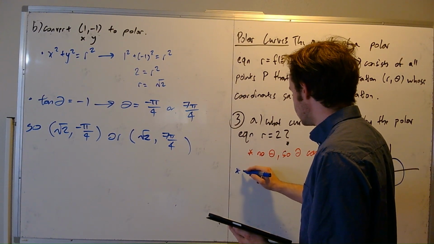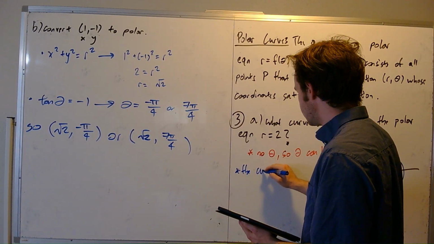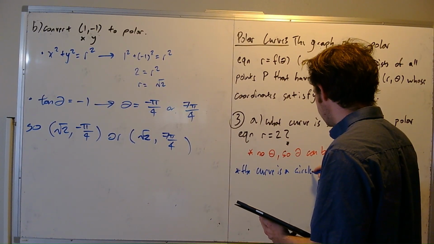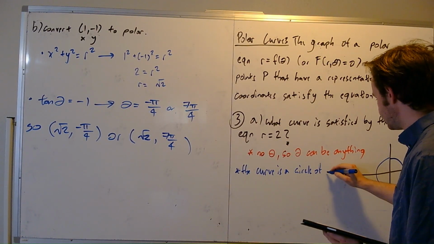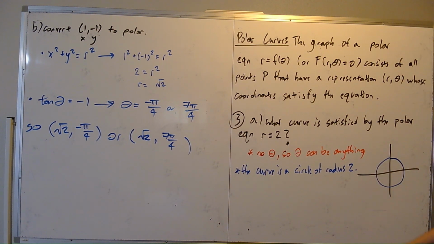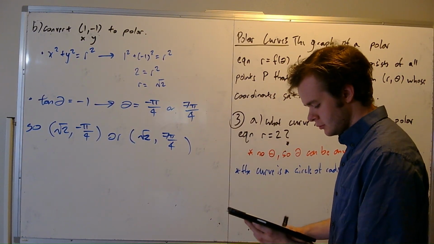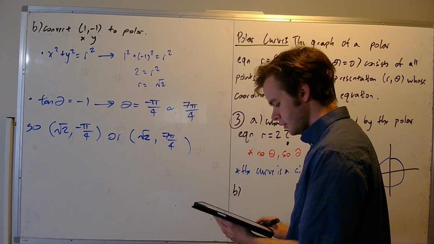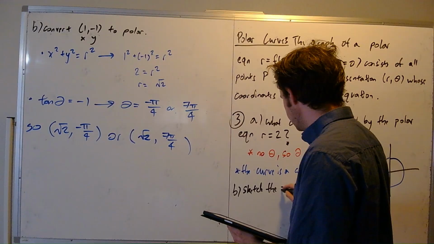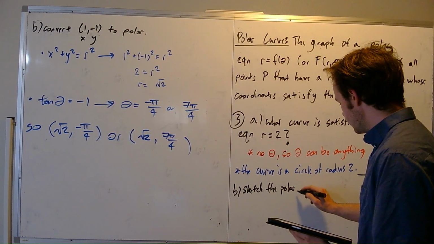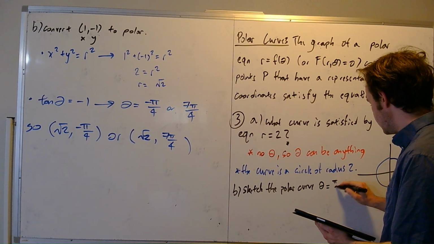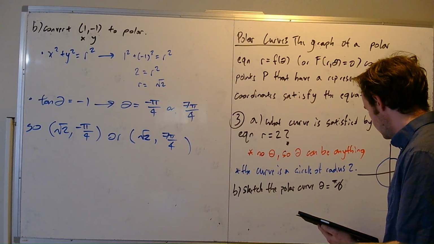So we'll say here the curve is a circle of radius 2. Okay, now part B. It's going to sketch the polar curve theta equals pi over 6.